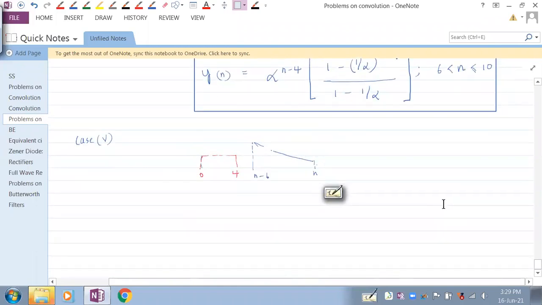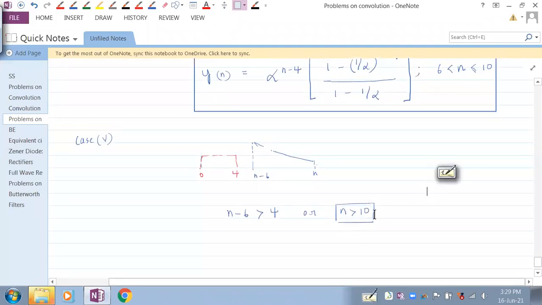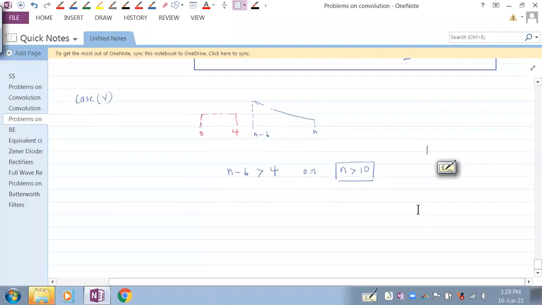Right? So here it is n minus 6 greater than 4, or n greater than 10. In the previous case, see here, till 10 we have got, right? 6 to 10 we have got. So from 10 onwards, from 11, 12 up to infinity, what is going to happen?